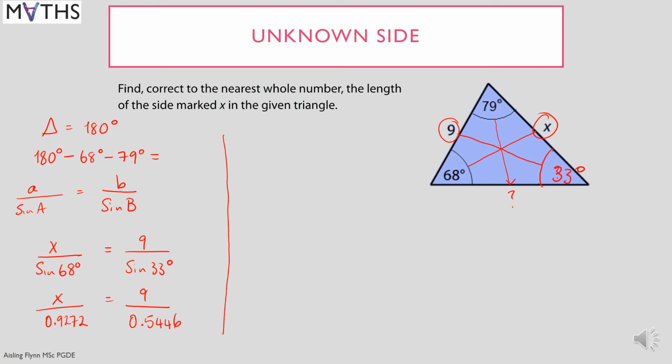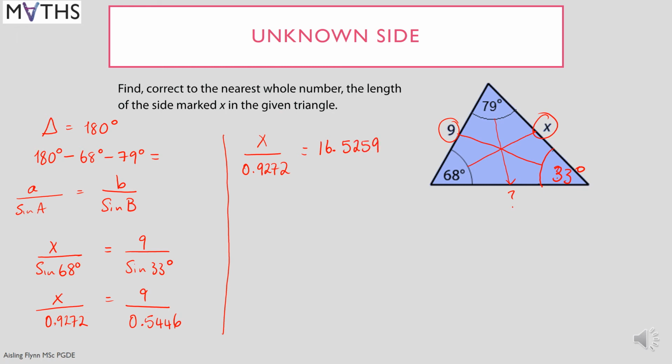Moving across, I'm going to do the division on the right hand side. So 9 divided by 0.5446 is 16.5259.